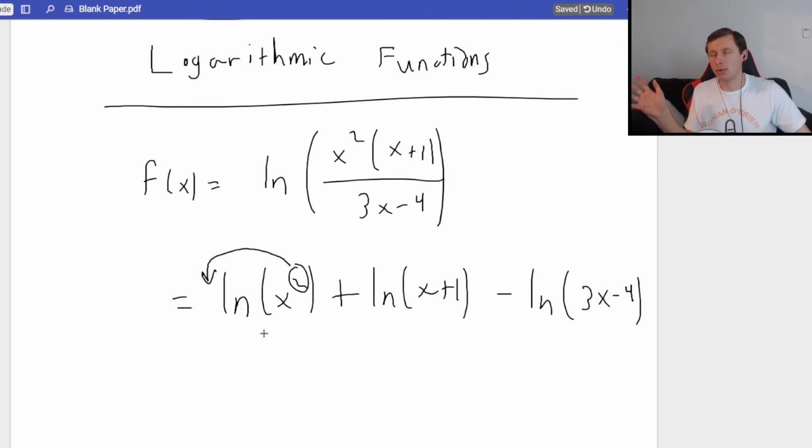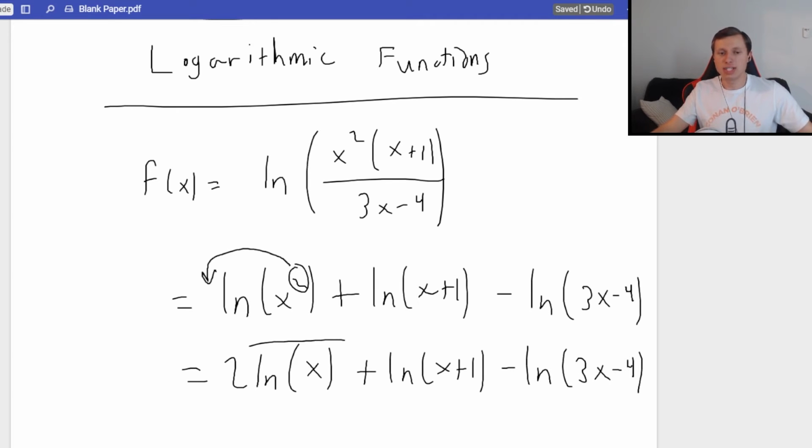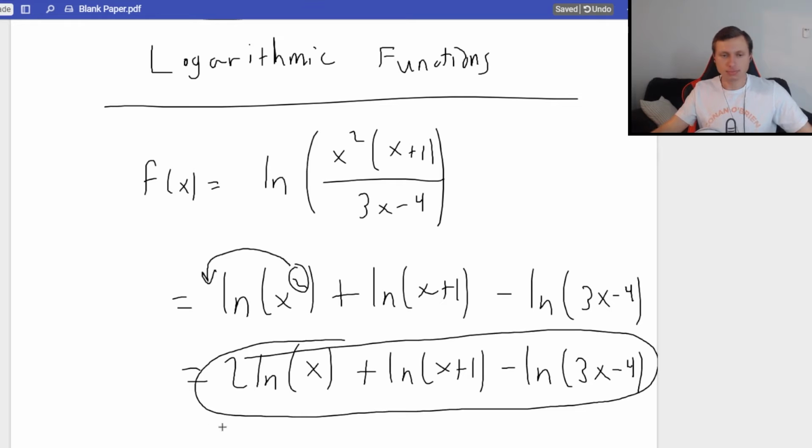This is not the power rule. I'm not subtracting 1. I'm just pulling this exponent out in front, so now it's 2 natural log of whatever was left inside, which is just x in this case, plus everything else is the same. Natural log of x plus 1 minus the natural log of 3x minus 4. This is as much as it can be broken down.